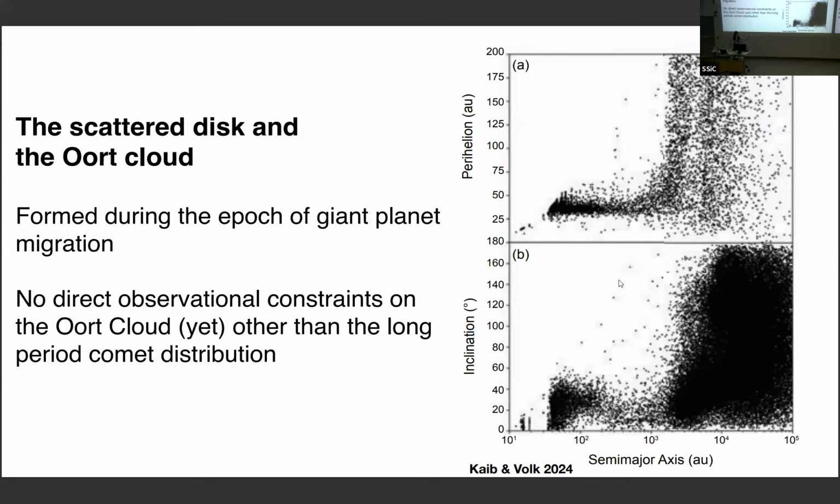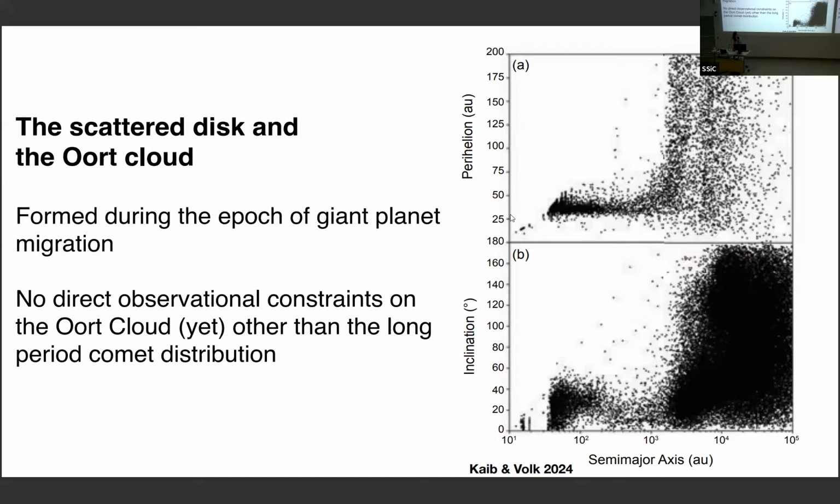When you model the epoch of planet migration, you scatter a bunch of things out from that massive primordial disk. You can see, so this is perihelion distance versus semi-major axis, and this is a log scale going from the planetary region out to the edge of the Oort cloud here. So you can see the scattered disk population, which has perihelia close to where the giant planets end today.